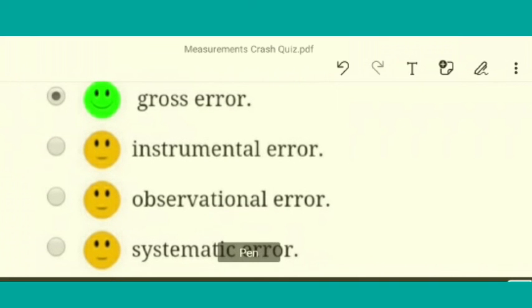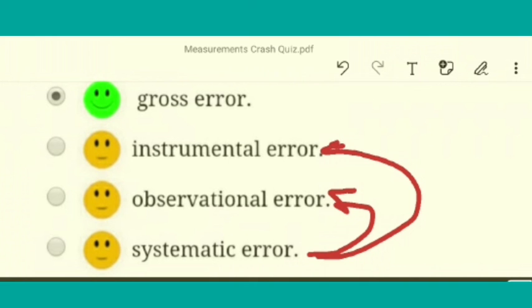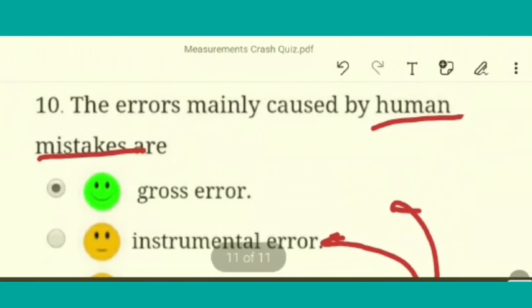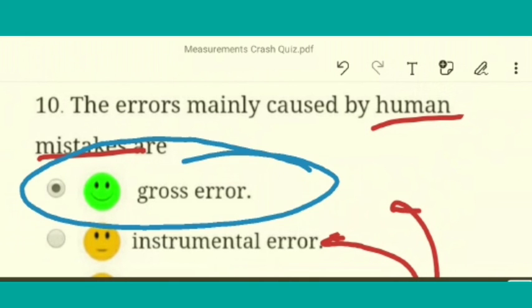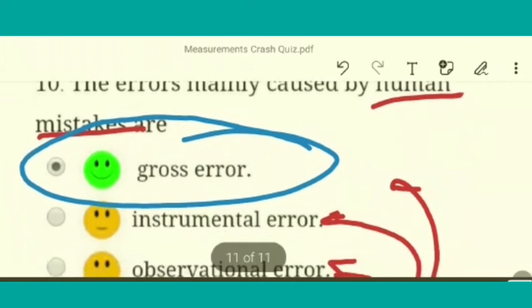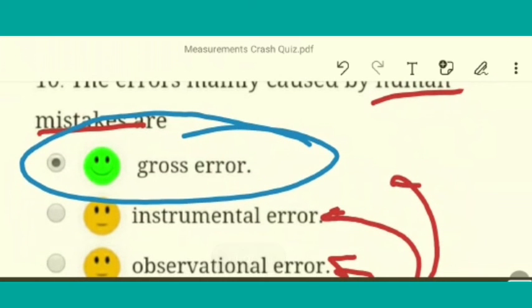We previously discussed that systematic error has three parts, and environmental error is also not given. But the error caused by human mistakes is gross error. Option A will be the correct answer. Gross error is caused by human mistakes.